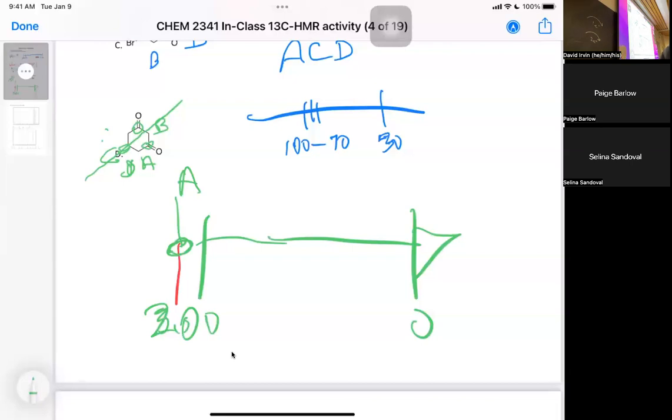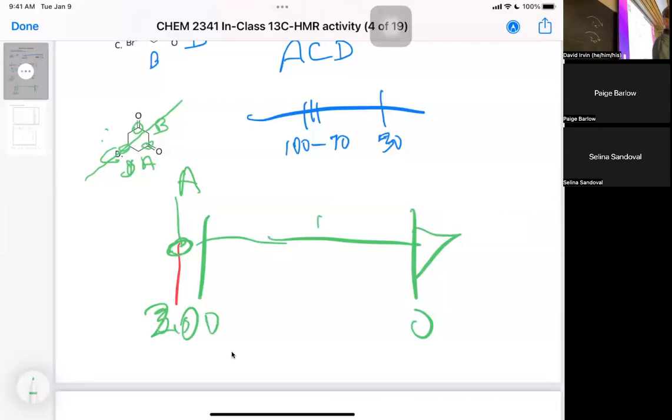As we're starting to move upfield, we're starting to move further away from this. What's going to be next? Why? It has 2 carbonyls nearby. If we look at B, that only has 1 carbonyl nearby.